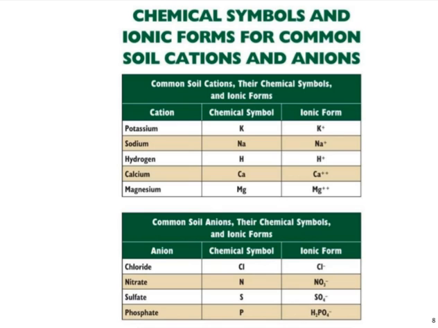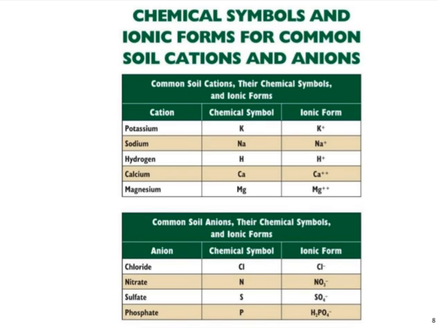Hydrogen, chemical symbol H and ionic form H+. Calcium, chemical symbol Ca and ionic form Ca++ or Ca2+. Magnesium, chemical symbol Mg and ionic form Mg++ or Mg2+.